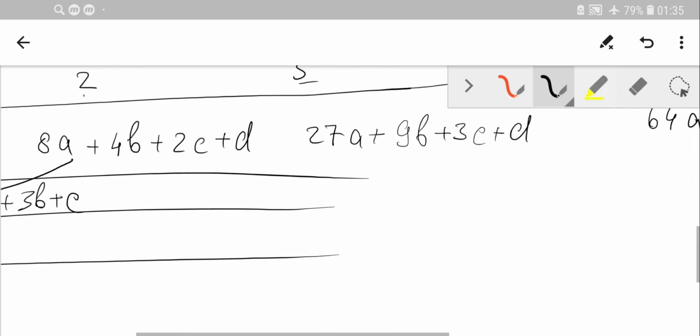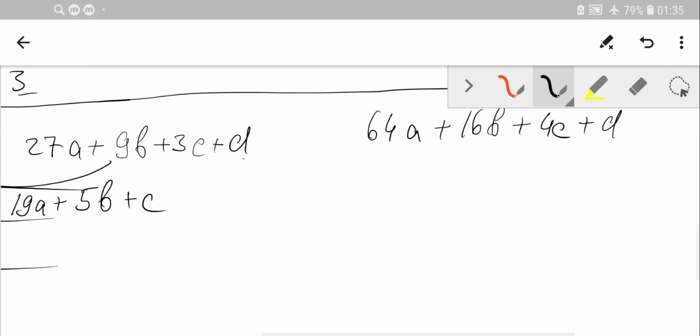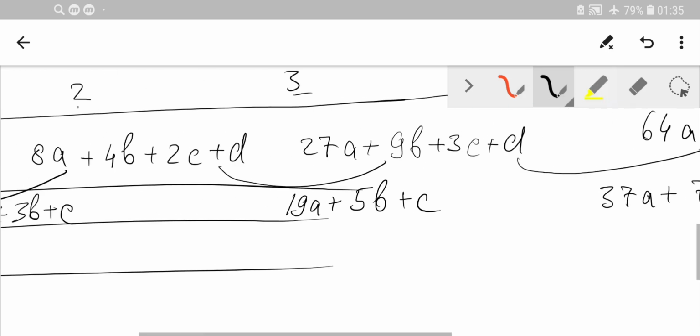We do the same for u3 and u2, so we'll get 19a plus 5b plus c. And the last one is the difference between u4 and u3, so we'll get 37a plus 7b plus c. Hence we eliminate d.